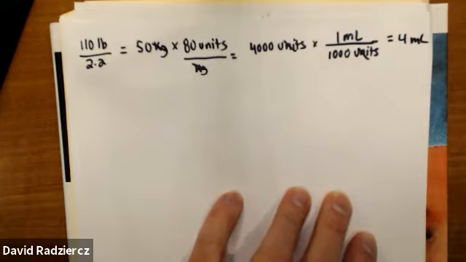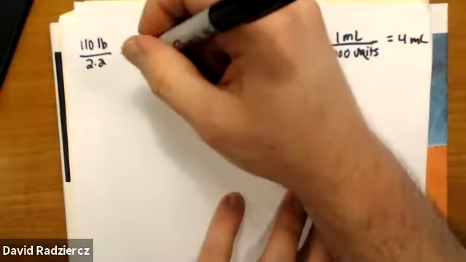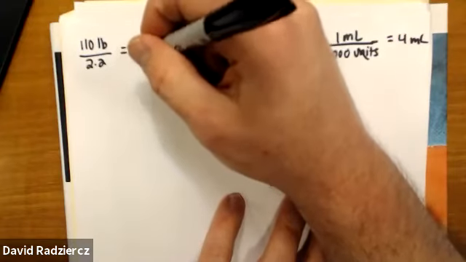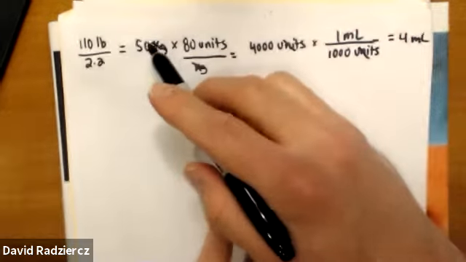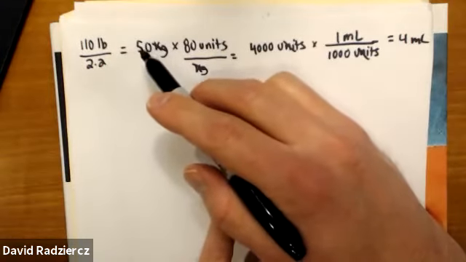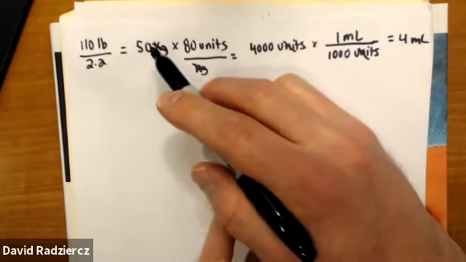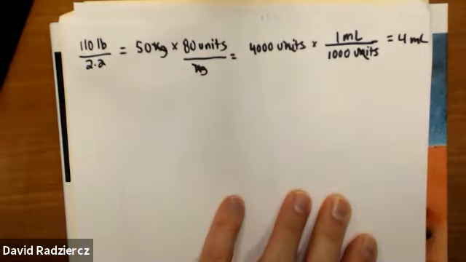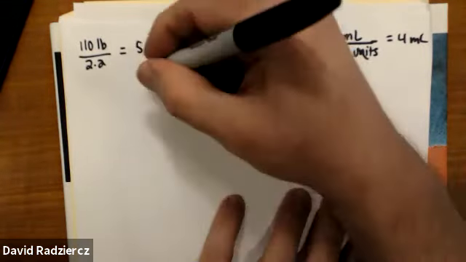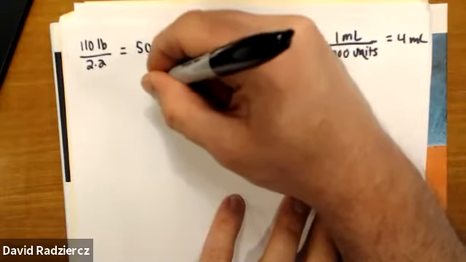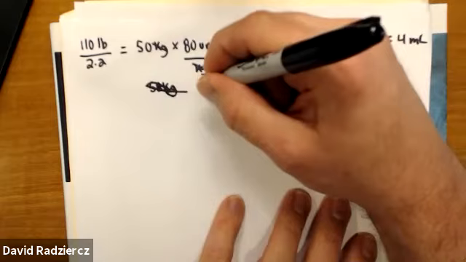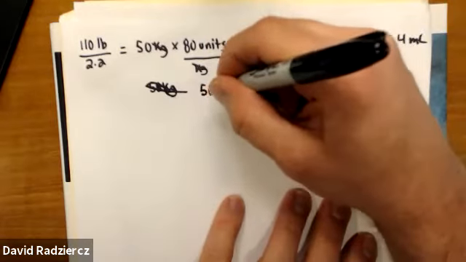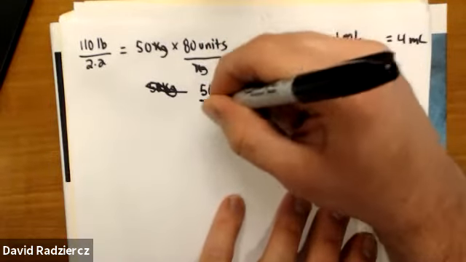Now, the shortcut to this is, regardless of what, the only thing that will change is the patient's weight. I'm sorry, you can't see what I'm doing. So it's 50 kilograms, right? The shorthand of this is, I'm just going to take the patient's weight times 80 and then divide by 1,000.